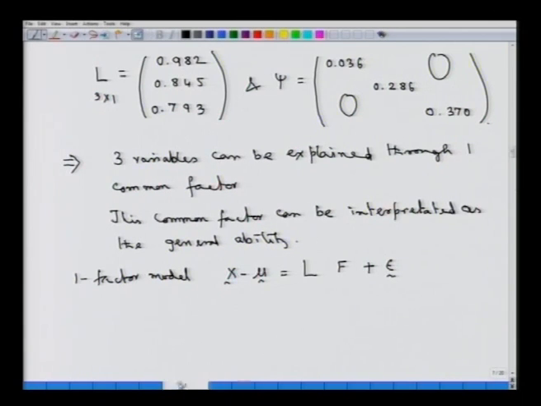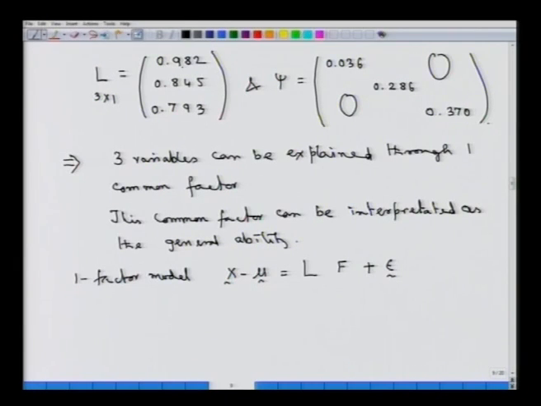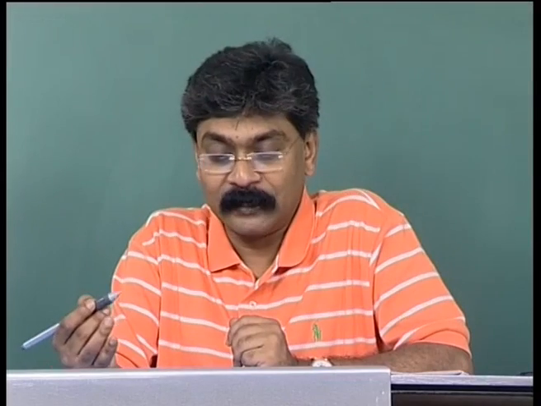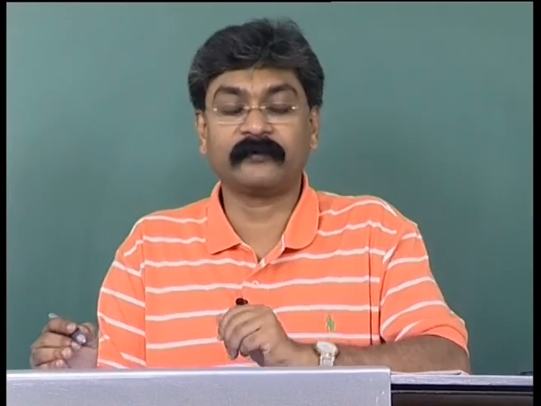We were dealing with a data structure in which the first variable denotes the scores in maths, the second physics, and the third chemistry. So, what we see here is that the loading of the first variable on the only common factor is the largest. So, it is a closely associated variable to the common factor, the general ability factor, the mathematical ability factor.